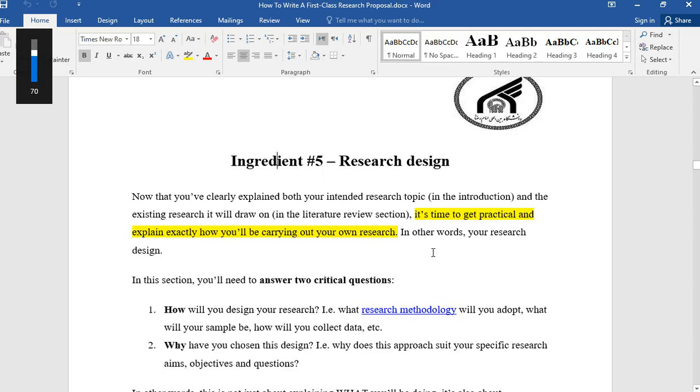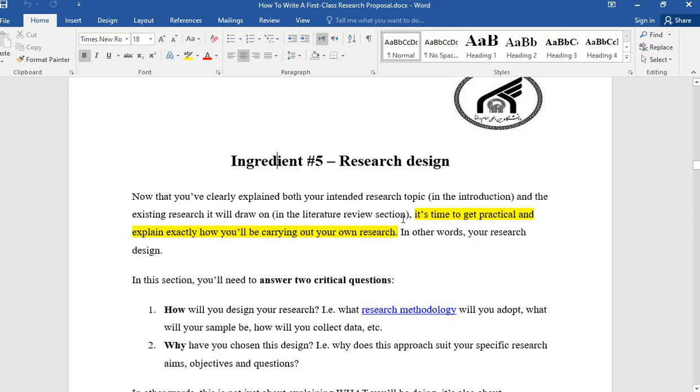Now that you have clearly explained both your intended research topic in the introduction, and the existing research it will draw on in the literature review section, it's time to get practical and explain exactly how you will be carrying out your own research.